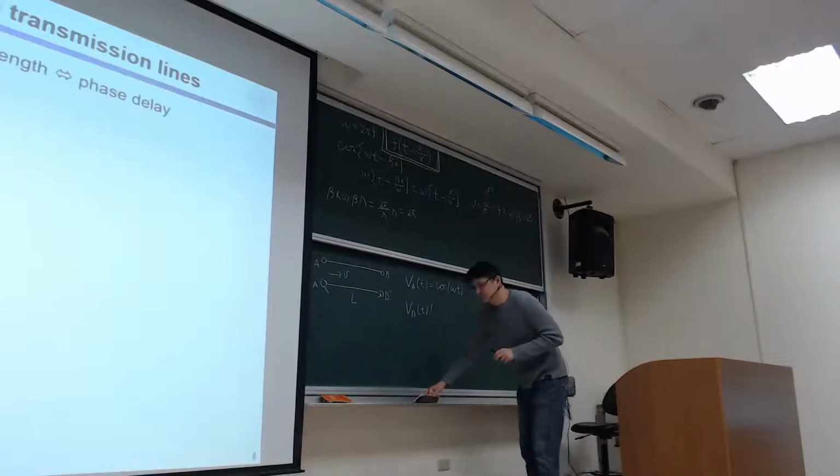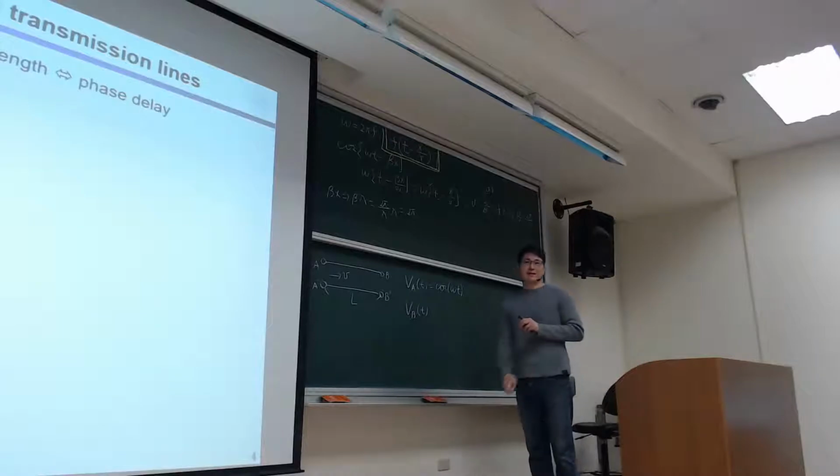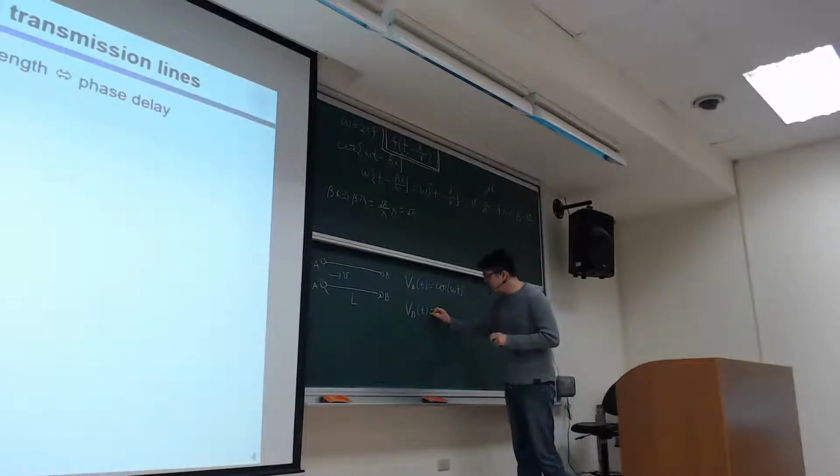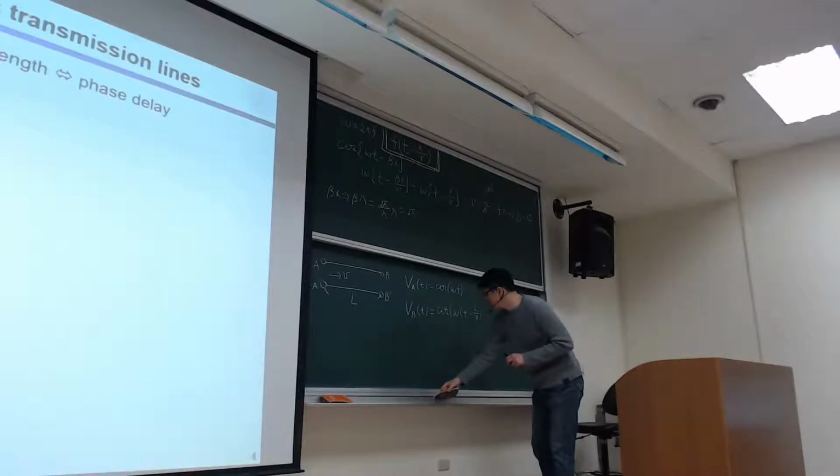So I can actually erase the question mark. I can write some equality sign. It should be cosine of omega t minus omega L divided by V. Let me use a bracket. Okay.